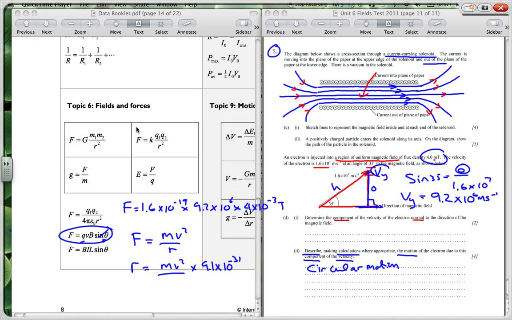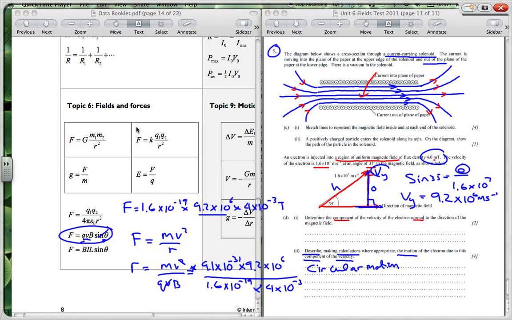Our force is QVB, so we can cancel out one of those V's. So it's going to be 9.1 times 10 to the negative 31 times 9.2 times 10 to the 6 divided by 1.6 times 10 to the negative 19 times 4 times 10 to the negative 3.